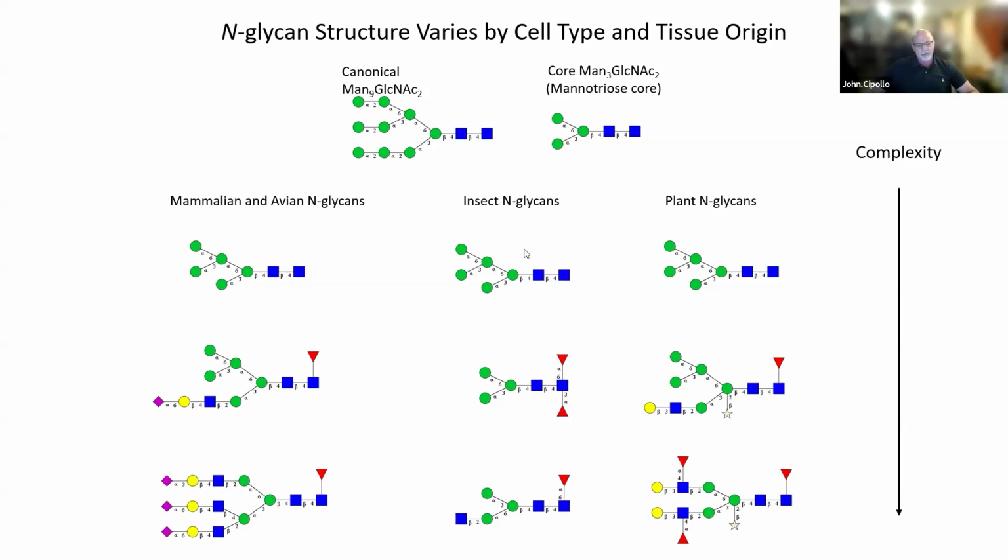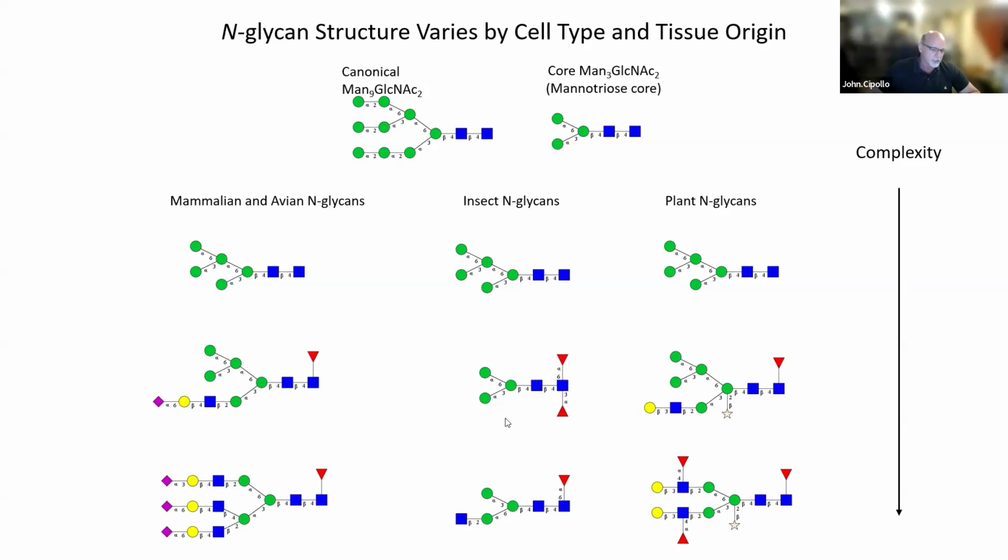Insects are a little bit different. They tend to have highly fucosylated cores. The glycosylation processing leads away from the high mannose and a lot of processing of the mannose residues. So this is a mid-range processing in insects, generally speaking. But the core can be significant because 1,3-fucosyl core fucosylation isn't really seen in mammalian systems.